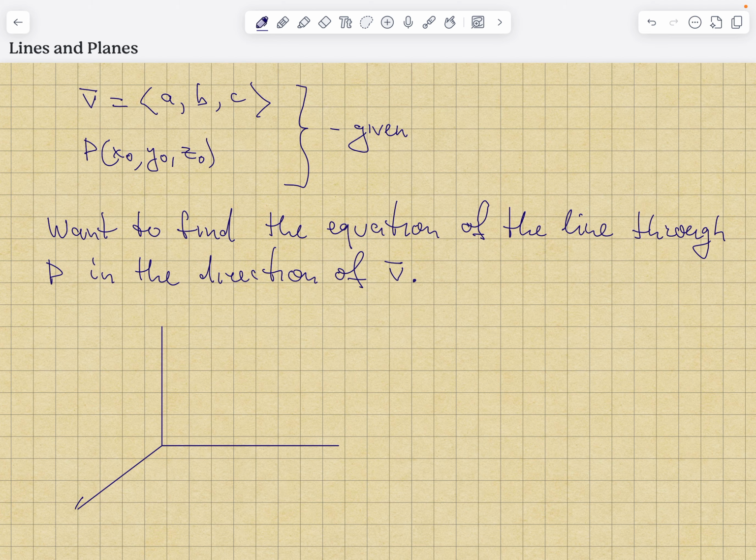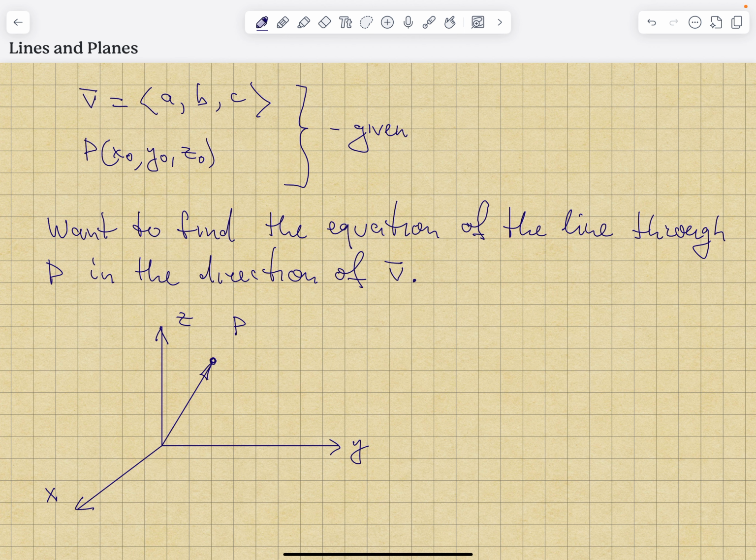So we can draw this on a coordinate system and then get some motivation again for getting an equation of a line. So you have a point P with some position vector.